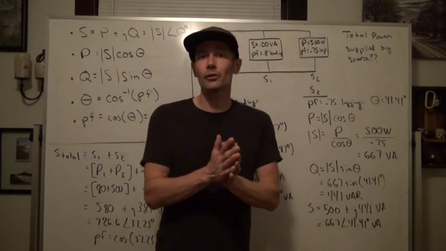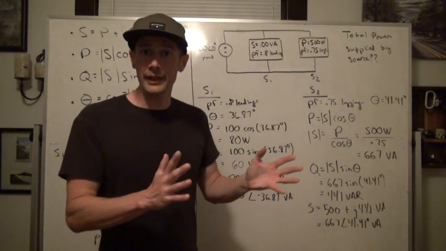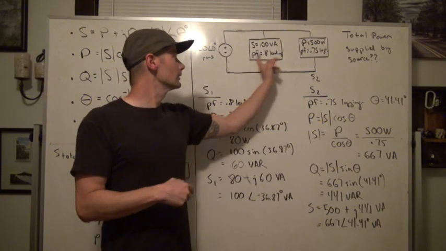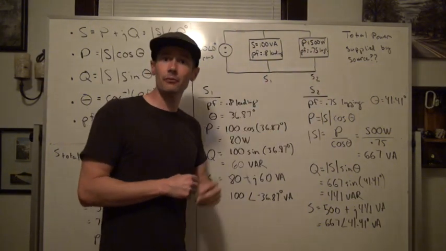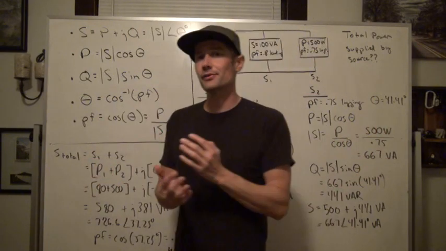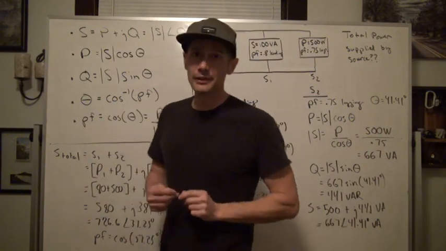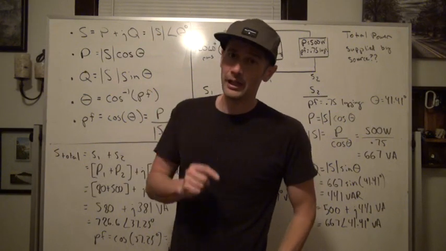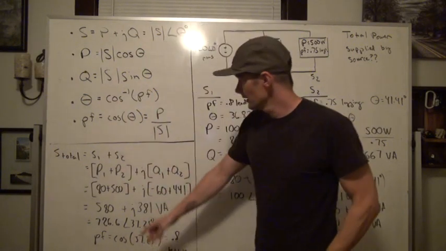And so guys, to answer the question on this problem, all we have to do is take these two that we found for the complex power and, just like we said before, add them together. That is 100% the power that's being supplied by that source. Let's take a look right here.